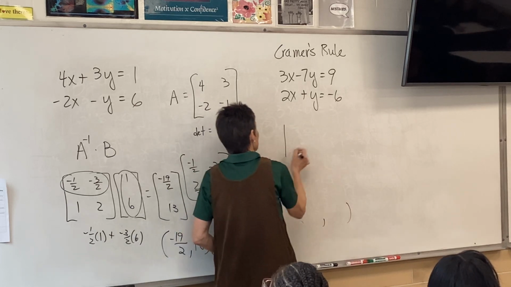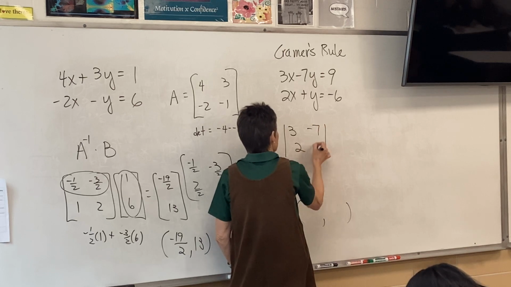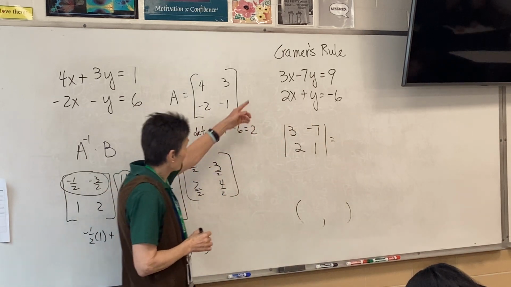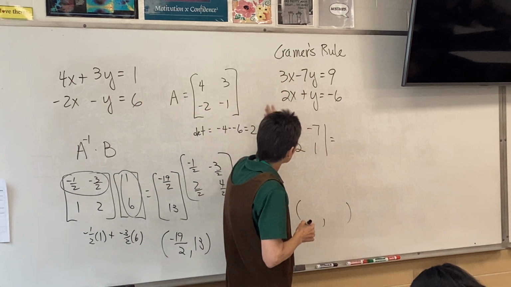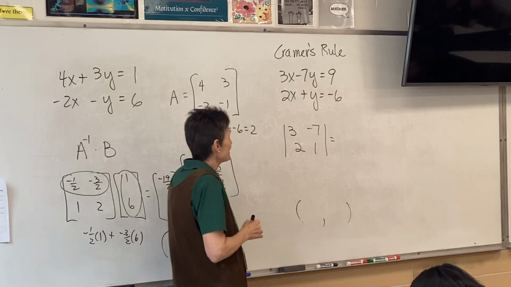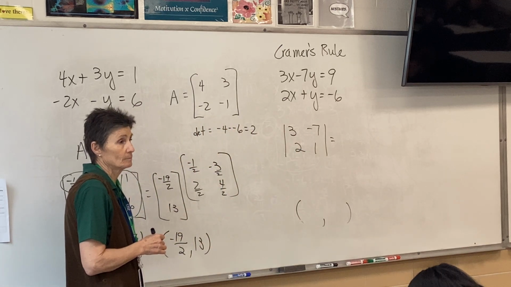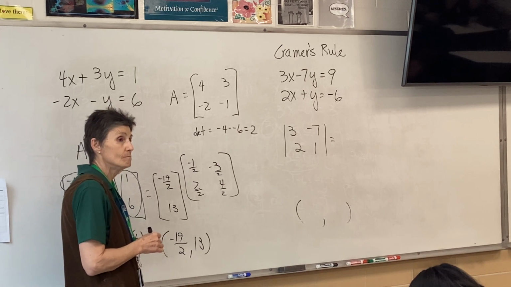The first thing you're going to do is find the determinant of the coefficients. So here are the coefficients. Make sure they're nice and lined up. There they are. What is that determinant?